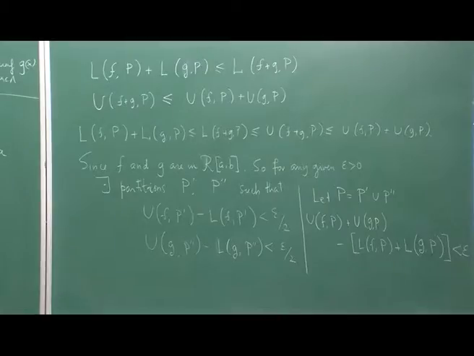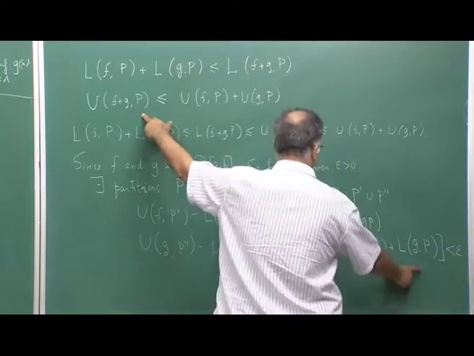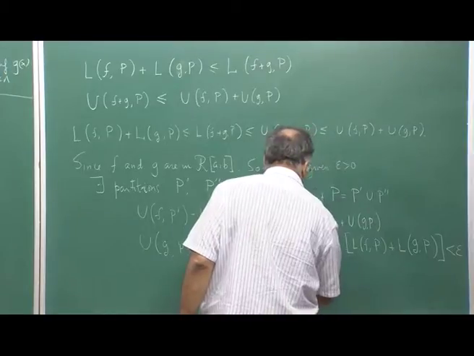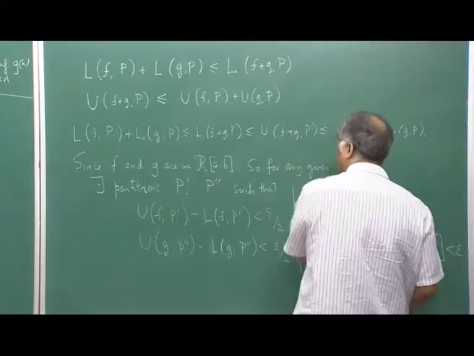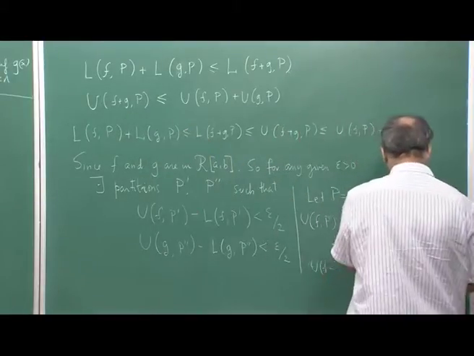And consequently, what do you prove? You have already proved that this is bigger than this, and minus of this is bigger than this. So, what you have finally proved is that this part is bigger than this part, so this minus this is less than epsilon.